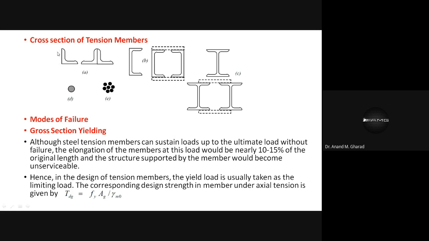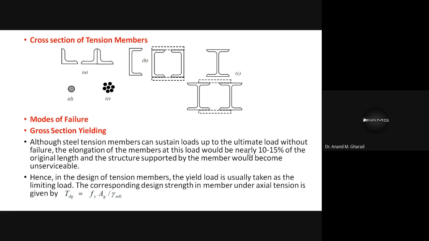It will elongate. It will carry the ultimate load without failure, but the elongation is of the order of 10 to 15%. And because of which, what do you expect?